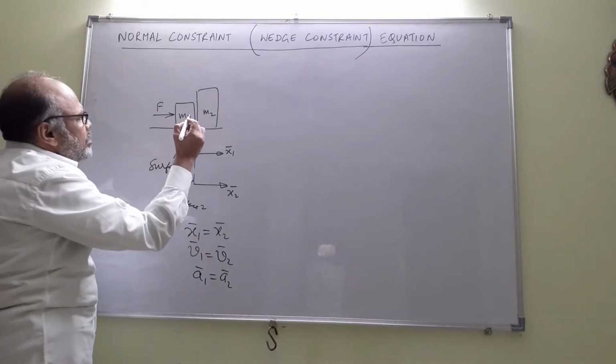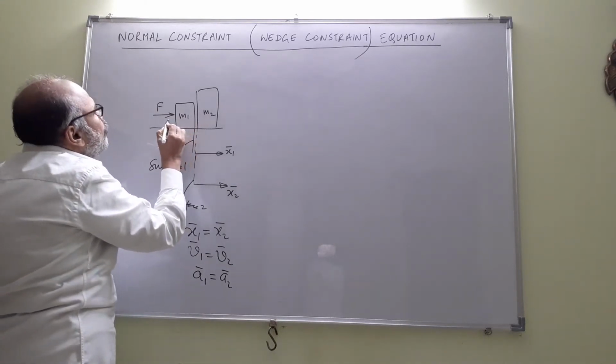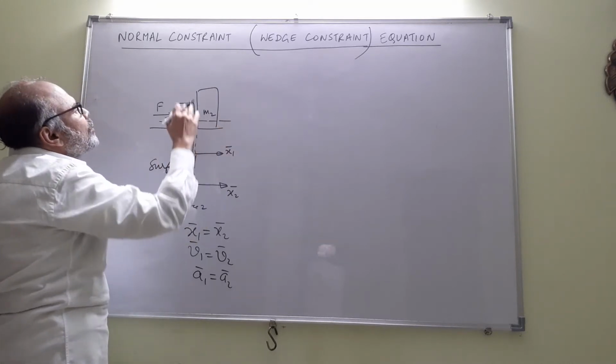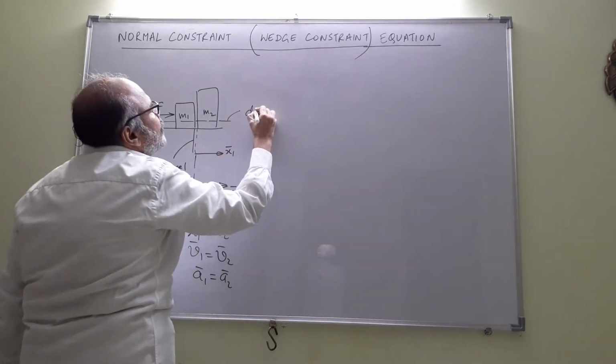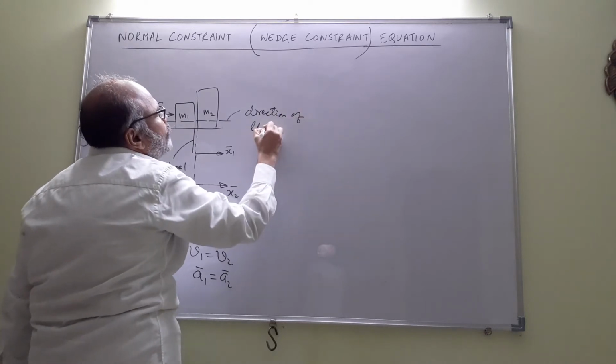Now, the normal force between M1 and M2 will be acting along this line. This is the direction of the common normal.